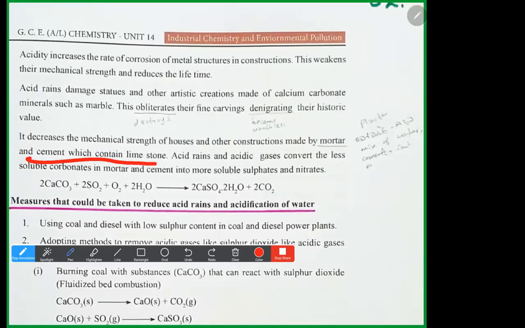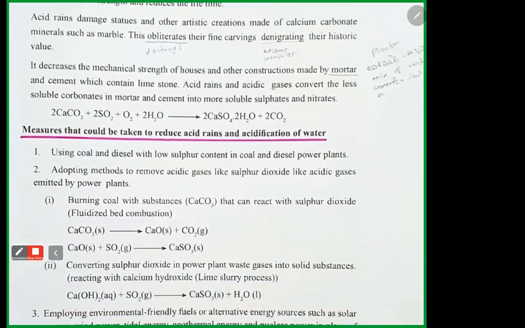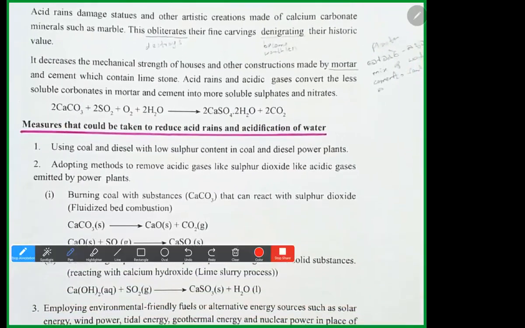Acid rains and acidic gases convert the less soluble carbonates in mortar and cement into more soluble sulfates and nitrates. Carbonates convert into sulfates, which are more soluble, so they are ruining these structures and outer walls.